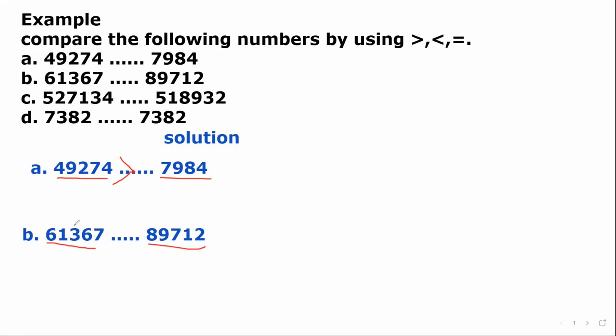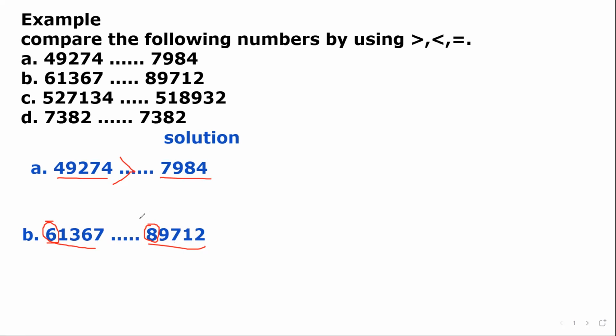Then we need to check the first digit here. So we have the 6 here against 8 here. And then you check the first digit from both sides. Therefore, 6 against 8, then you can draw your conclusion that the 8 is bigger than the 6.